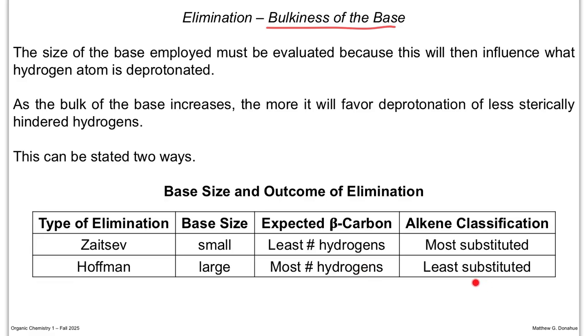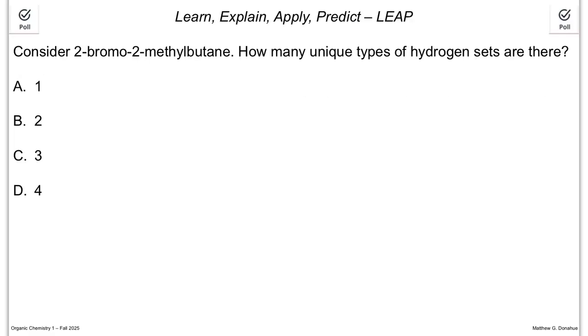And therefore, you get the least substituted alkene. Any questions? So we'll put this into practice with the last couple questions here for your sheets.